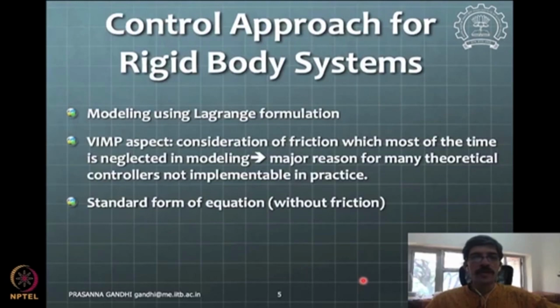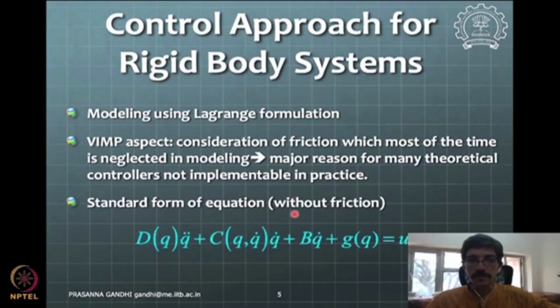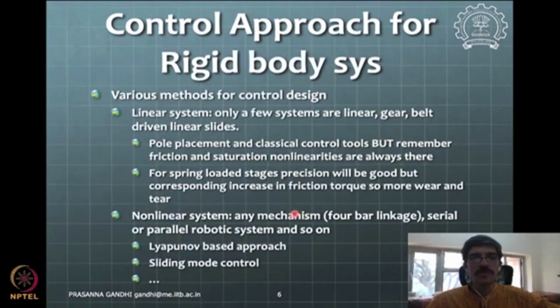Now there are many approaches for rigid body systems, so we will consider mainly linear control design for now, and then we'll come to the Lagrangian formulation based approaches. This form of the equation we'll treat a little later by adding friction to it. Right now we'll focus mainly on the linear systems approach.